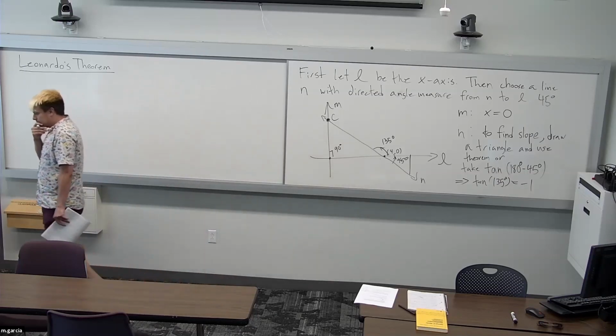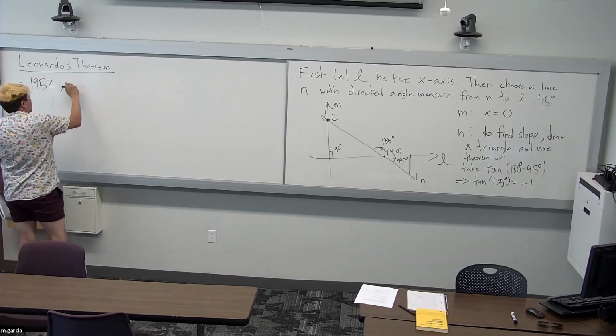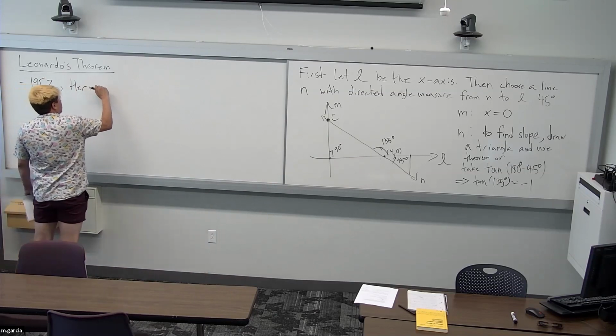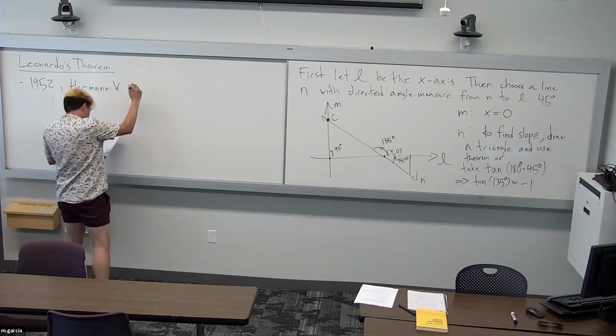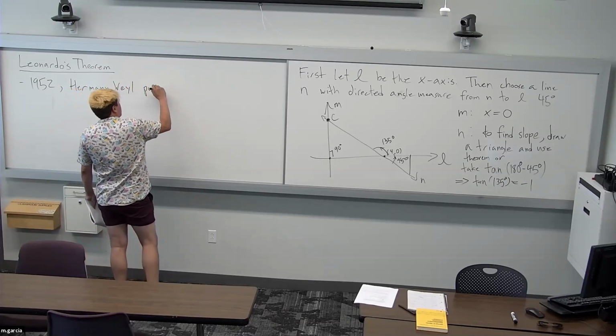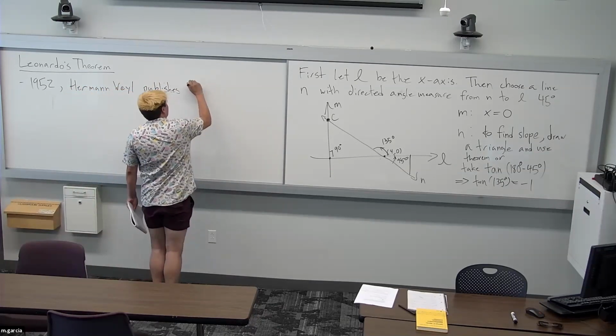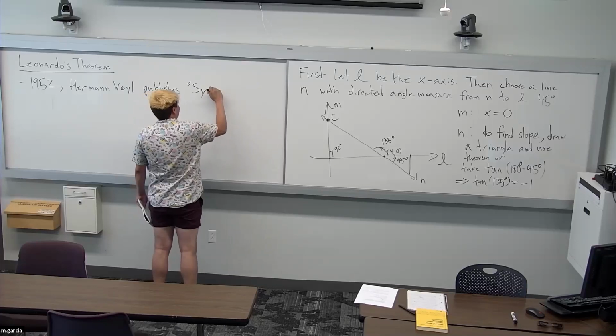Okay, so let me just say, in 1952, Hermann Weyl publishes a book called Symmetry.